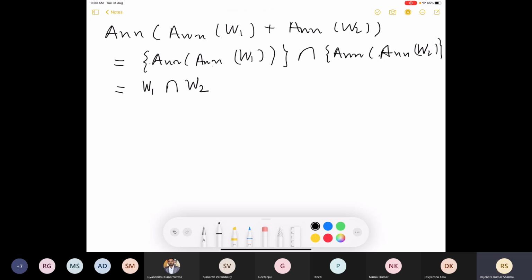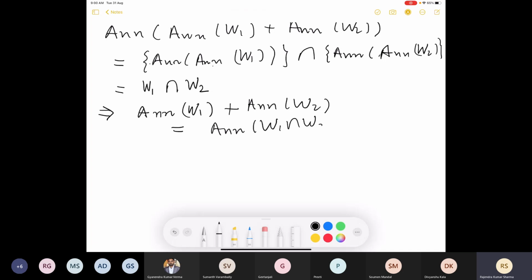And once again, taking the annihilator on both sides, what we get is that the annihilator of W1 plus the annihilator of W2 is the annihilator of W1 intersection W2.